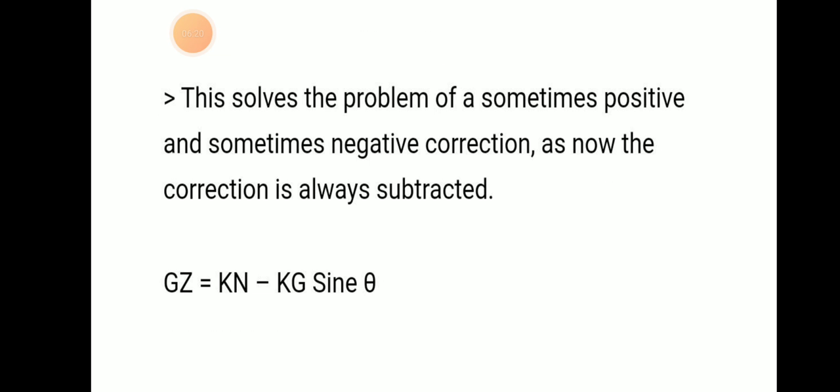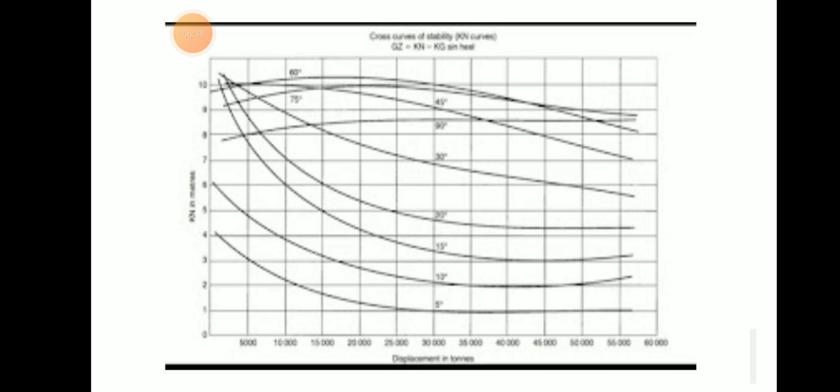This solves the problem of the correction sometimes being positive and sometimes negative, as the correction is always subtracted: GZ equals KN minus KG sin theta. This can be the graph of the KN cross curves of stability. So this is what we have discussed about the GZ curve and curve of static stability.